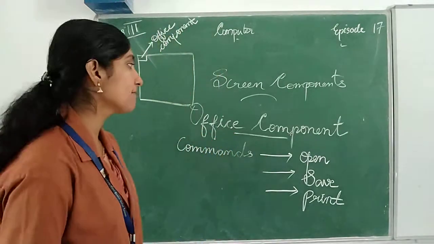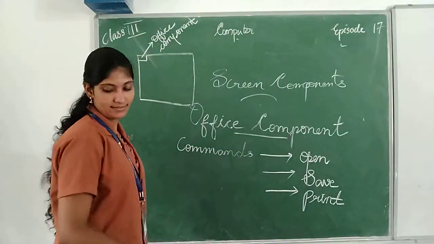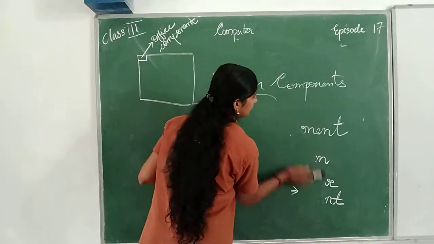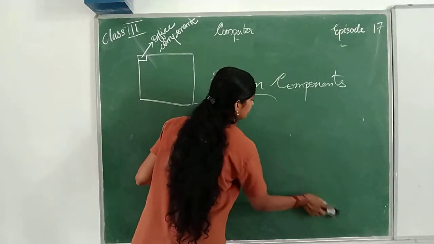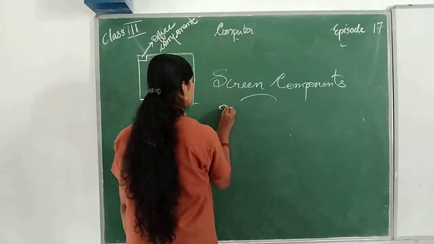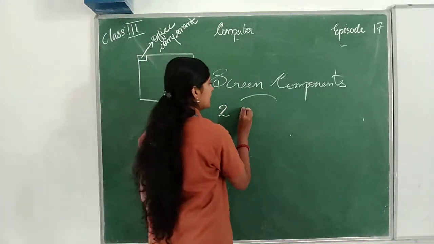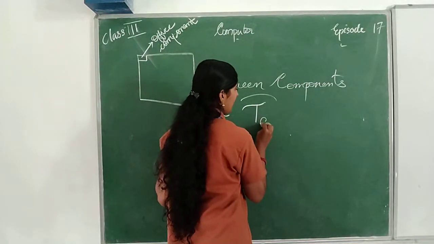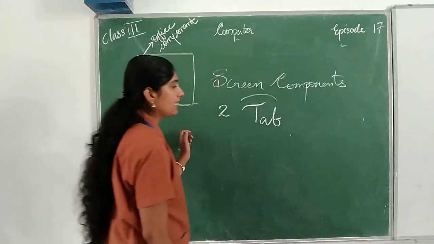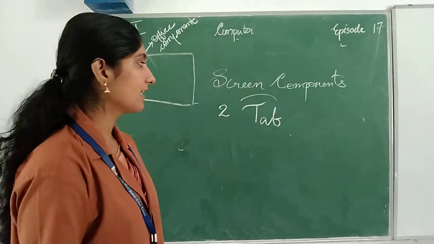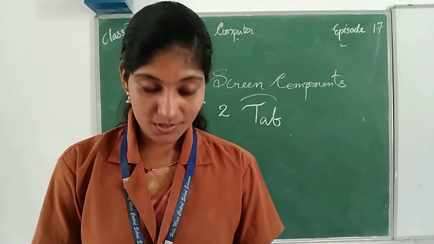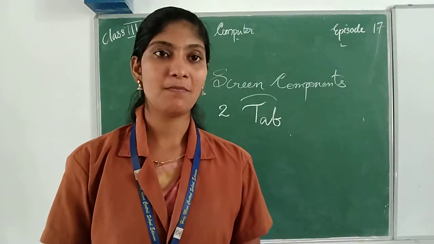Then next is tab. So the next component, number 2, is tab. T A B. What is the second component? Tab. Each tab stores relevant command buttons.